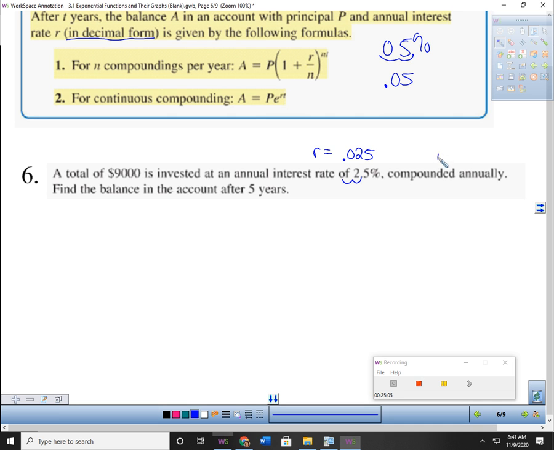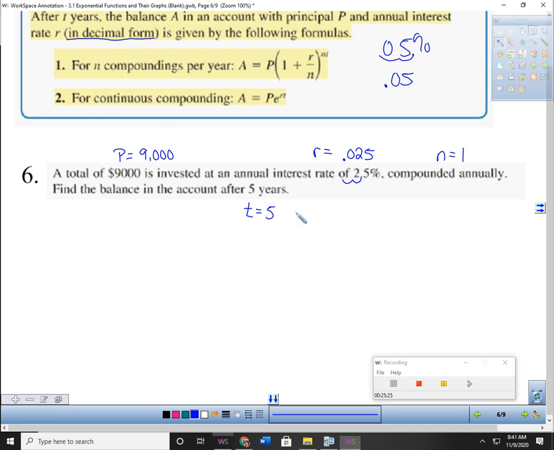So n would be 1. We're going to find the balance in the account after 5 years. So t would be your 5. And then your original amount of money is $9,000. So that represents your P. I kind of like to pick out that stuff as I'm reading it.